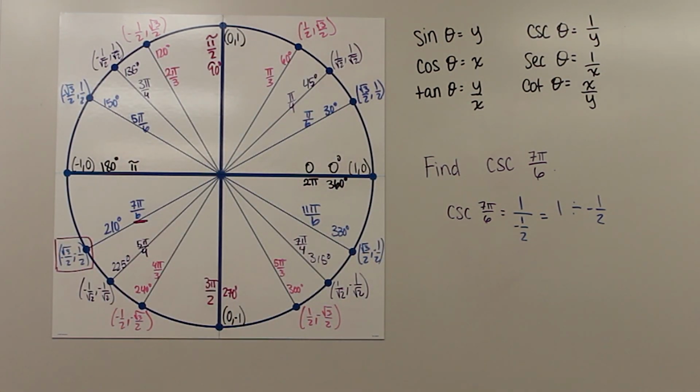Now remember what I said about doing division with fractions? How we need to copy, dot, flip? Well, we're going to do the exact same thing here. Keep the 1, change the sign to a multiplication sign, then use the reciprocal of the second fraction.